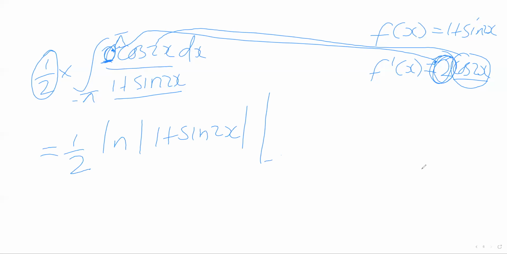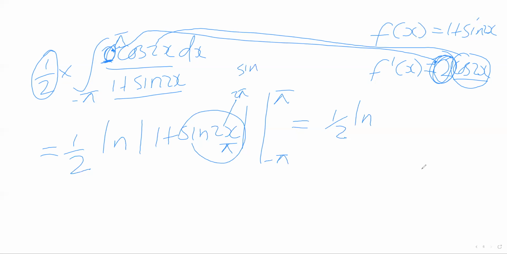Then we're substituting negative pi to pi here. We start off by putting pi there. What we get is ln, if I put pi here, I'll get 360, I'll have 2 pi.